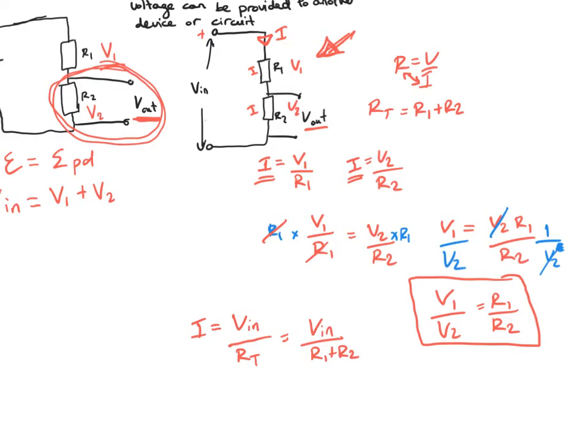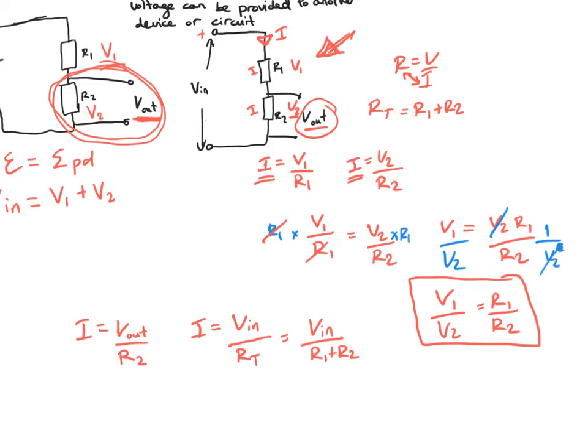Since in most potential divider questions, you will need to calculate V out, the potential difference that you're feeding into another circuit, I will write my expression, instead of using V2, as V out. So I is equal to V out over R2.